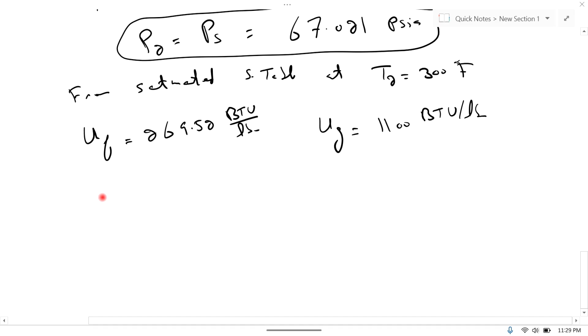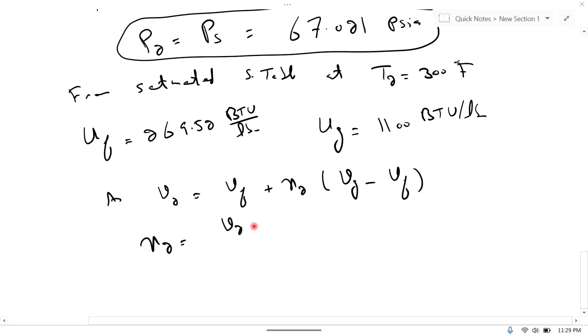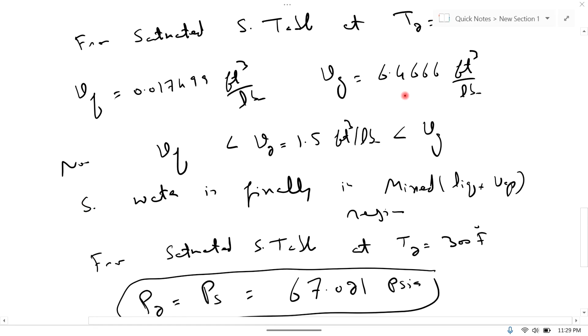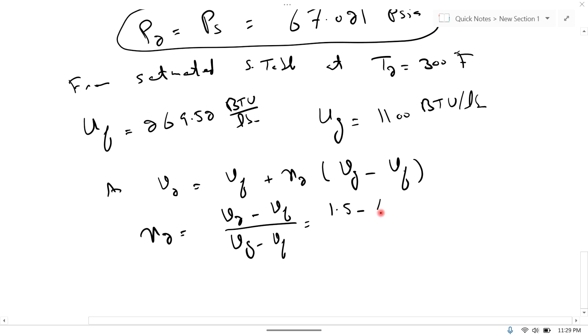With the help of the volume formula I am finding X2 because X2 is not given. V2 is equal to Vf plus X2 times Vg minus Vf. Rearranging, X2 is equal to V2 minus Vf divided by Vg minus Vf. V2 is 1.5, Vg is 6.4666, and the unit is cubic feet per pound mass.